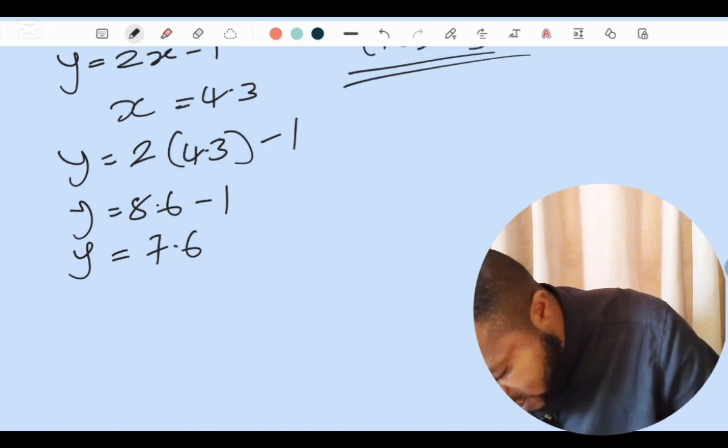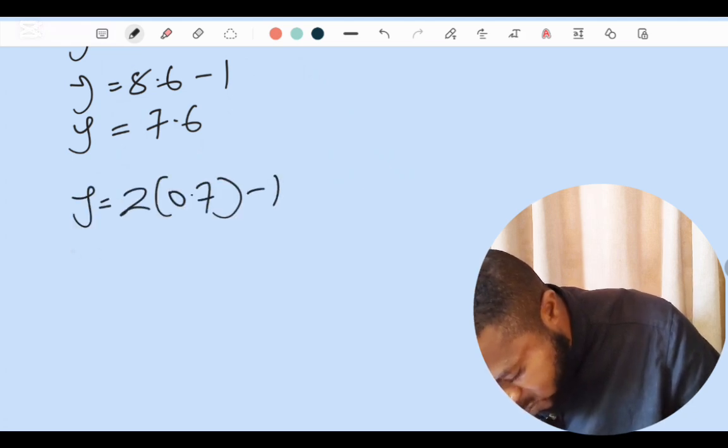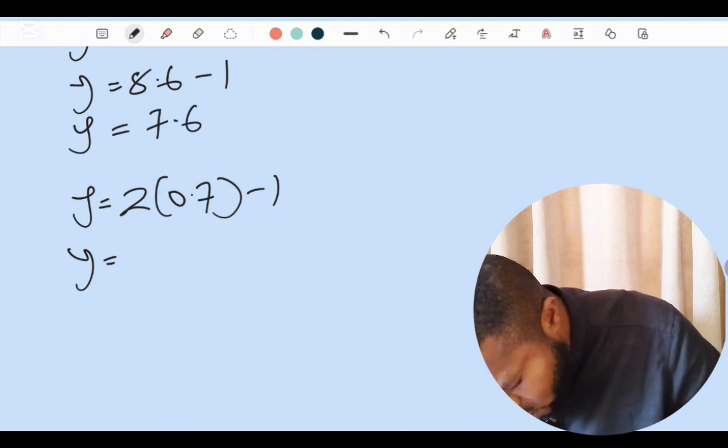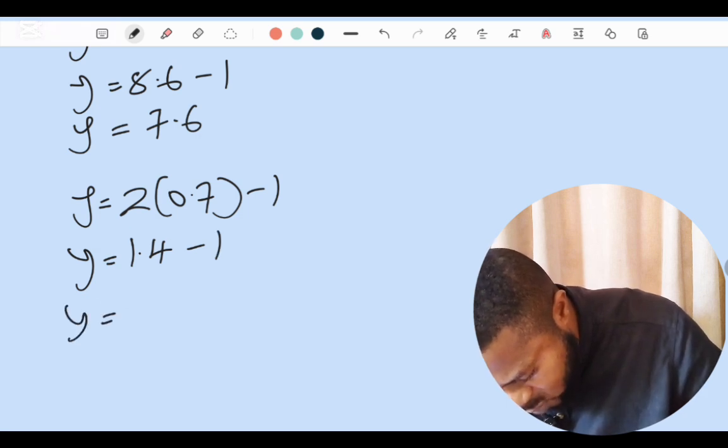Now this is the first coordinate. For the second coordinate, y is equal to 2 into 0.7 minus 1. 2 times 0.7 will give you 1.4. 1.4 minus 1, so y is equal to 0.4.